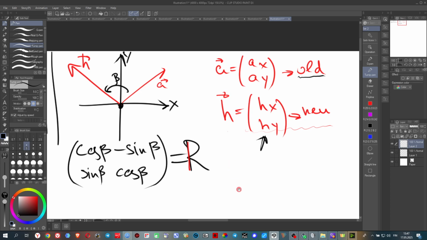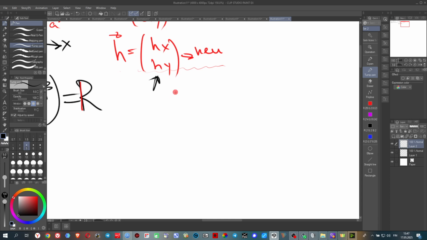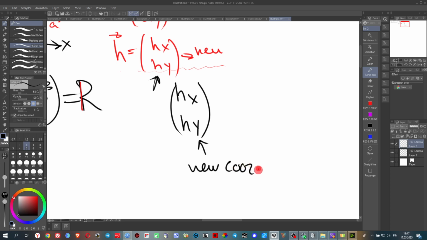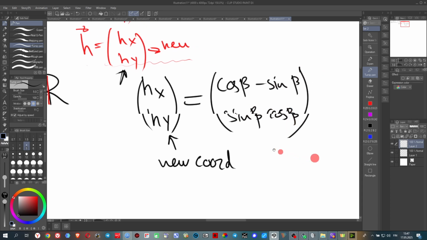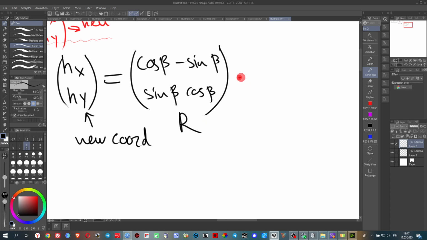So let's write it down explicitly. The new coordinates hx, hy after rotation equal: you take this matrix, cosine beta, minus sine beta, sine beta, cosine beta. It's matrix R, times the coordinates of the old vector, ax, ay.